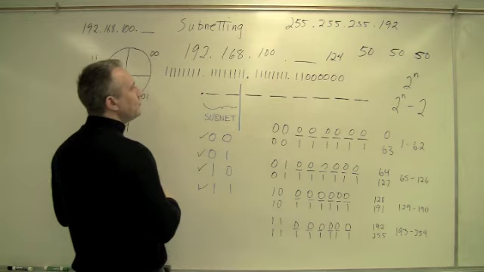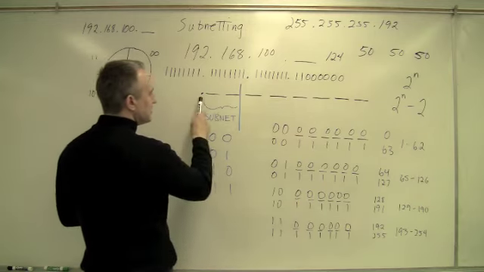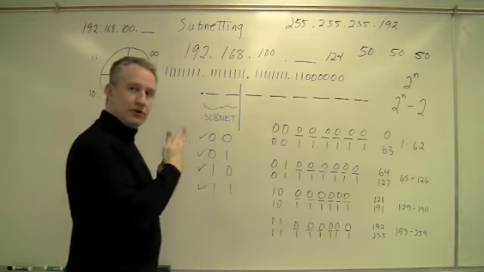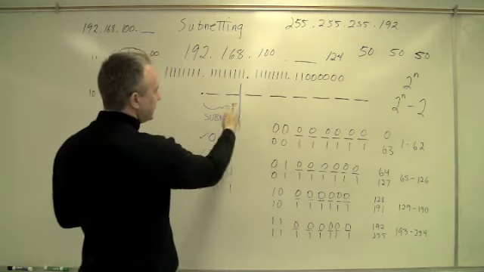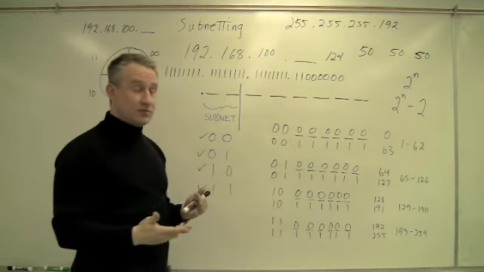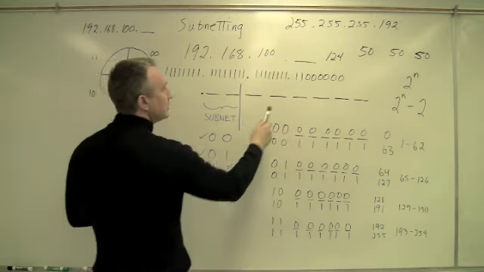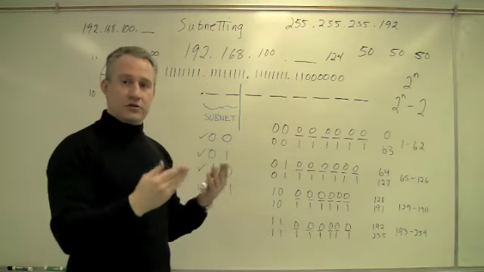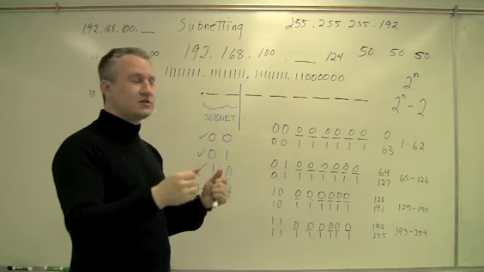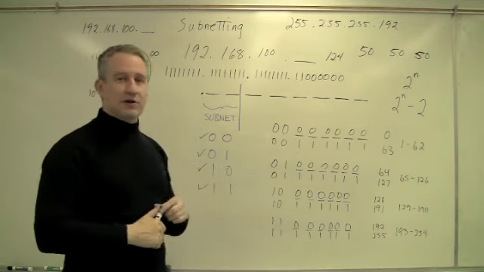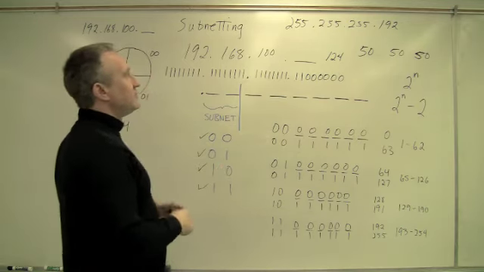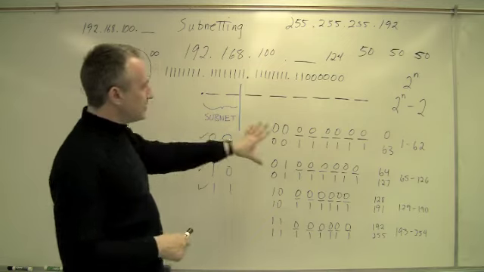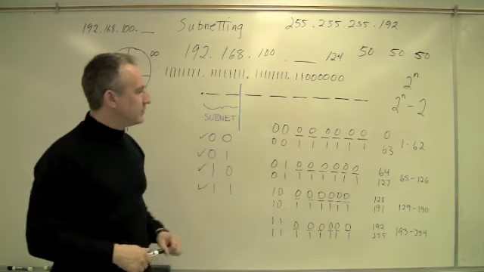And all we do is take the default, look at how many bits over we moved that dividing line, how many bits did we borrow, account for that when we write it out, do the conversion back from binary to decimal to get our subnetwork mask, our new subnetwork mask to go along with our subnetted network.